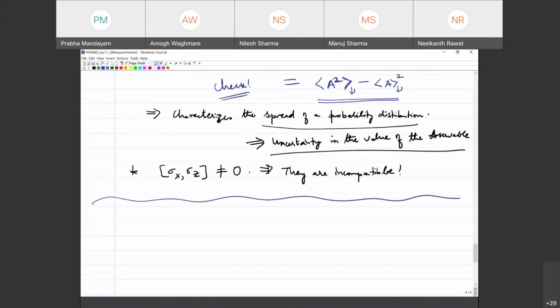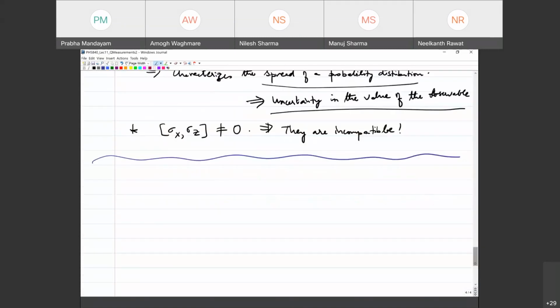Okay, so if there are no questions, let me take a couple more minutes to mention something, and then we'll continue discussing that in the next class. What we have discussed so far is what's called a projective measurement.